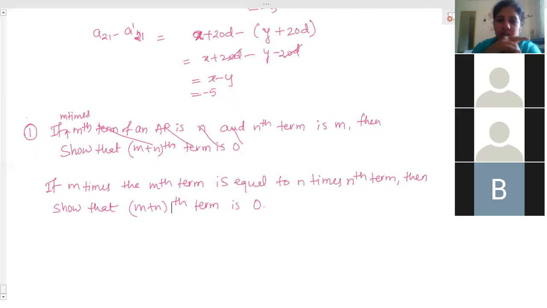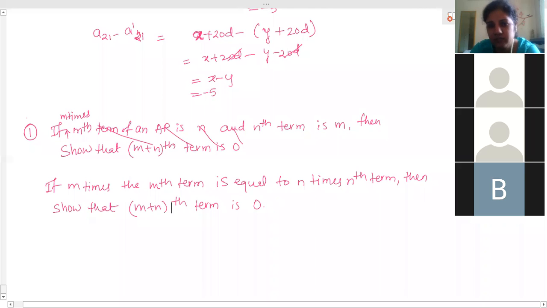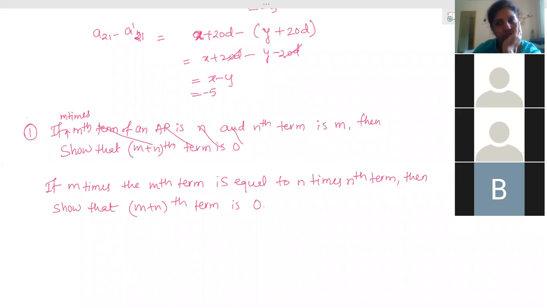The upper question was right, but the 'show that' part was wrong. m times the mth term is equal to n times the nth term.